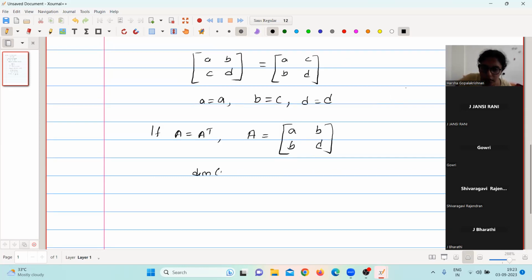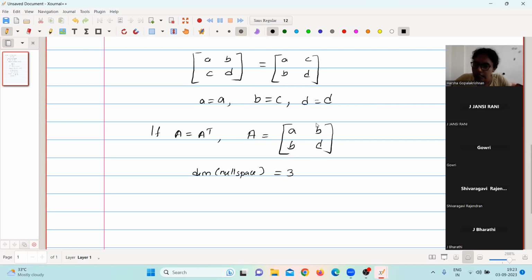So the dimension of the null space equals 3. In the last class we have mentioned this, like dimension is 3, and the basis also we have mentioned. Here the basis will be the matrices 1 0 0 0, 0 1 1 0, and 0 0 0 1, taking 1 to 1 variable at a time, and all others are 0.